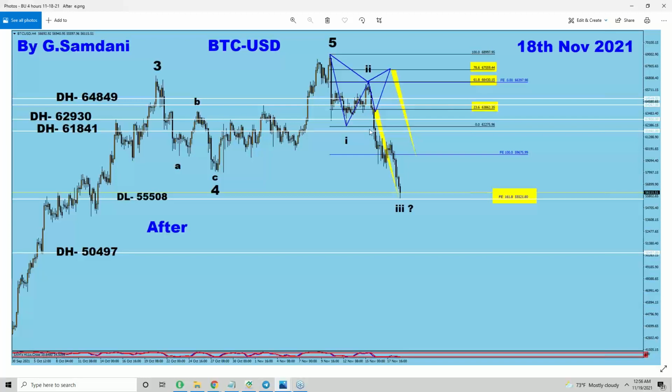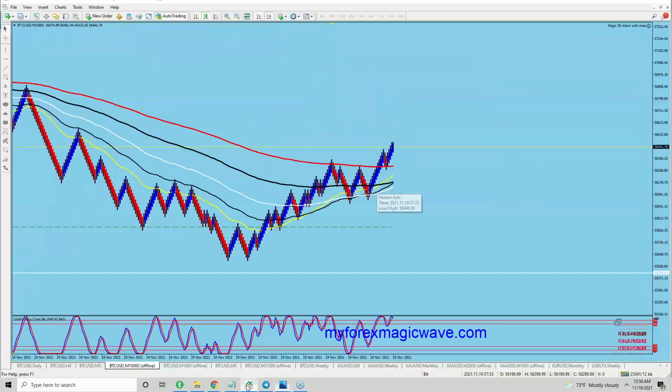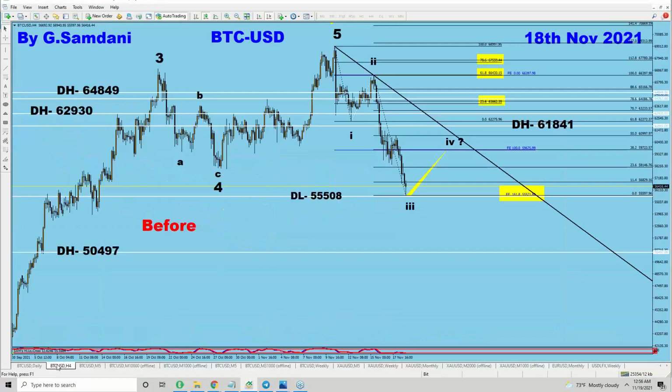I think it is going to come up now after finishing wave 3. So be ready and use whatever system or technique you have to get in.